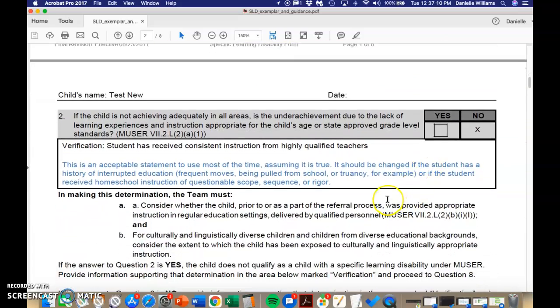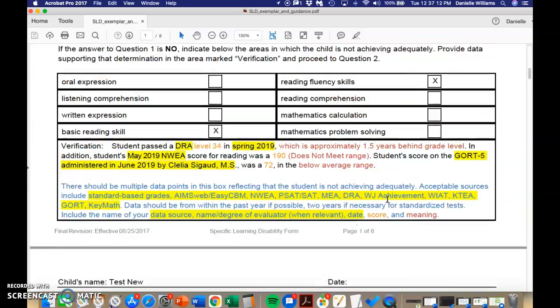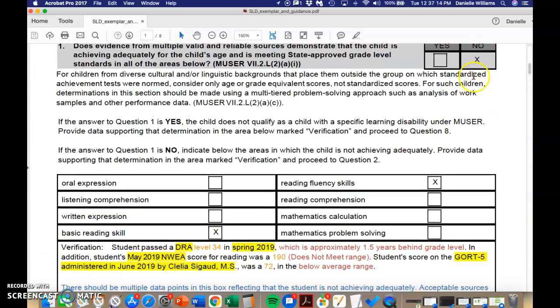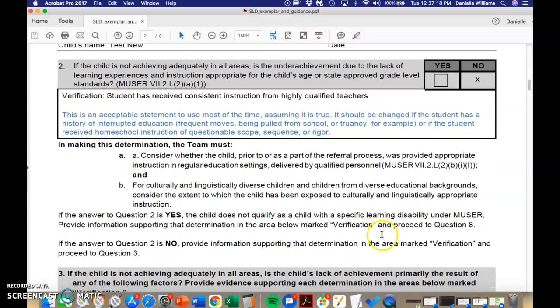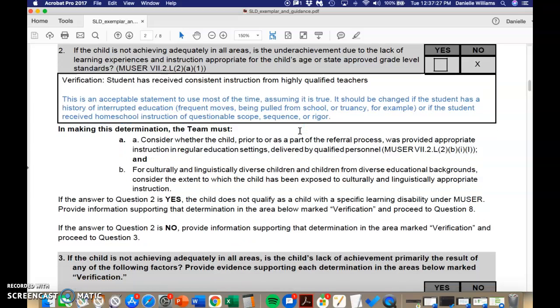So once you've answered question 1, if you've answered no to question 1 and you're proceeding with eligibility, the next question you need to answer is, if the student's not achieving adequately, is the underachievement due to lack of appropriate instruction?